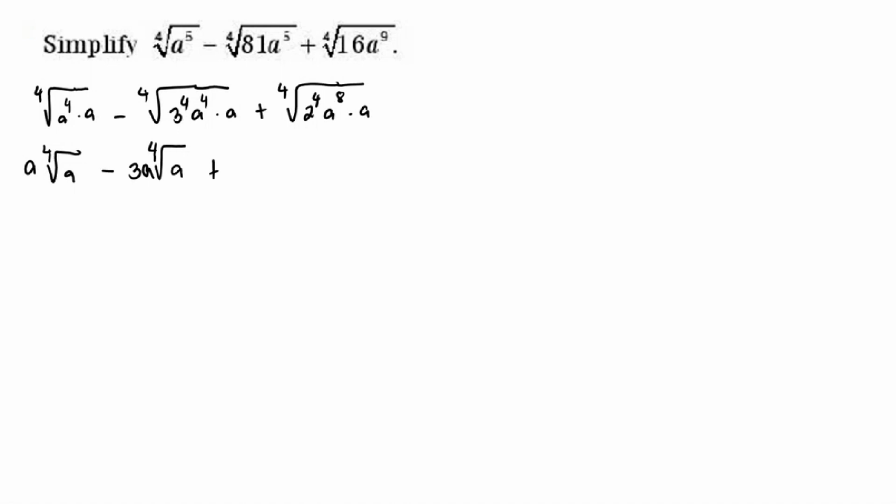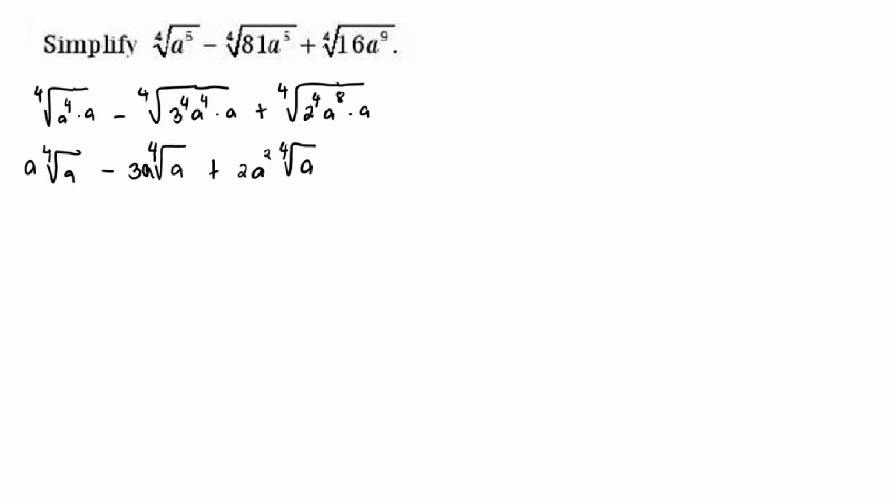Plus, what is now the fourth root of 2 raised to 4? 4 divided by 4 is 1, so therefore we have 2. And then the fourth root of a raised to 8: divide the exponent, 8 divided by 4 is 2, so therefore a squared, and the remaining term there is the fourth root of a.